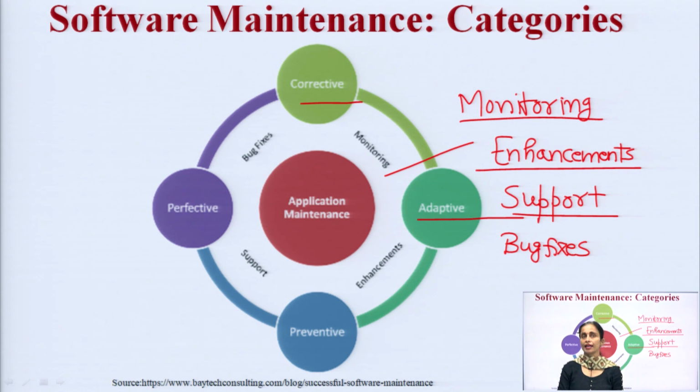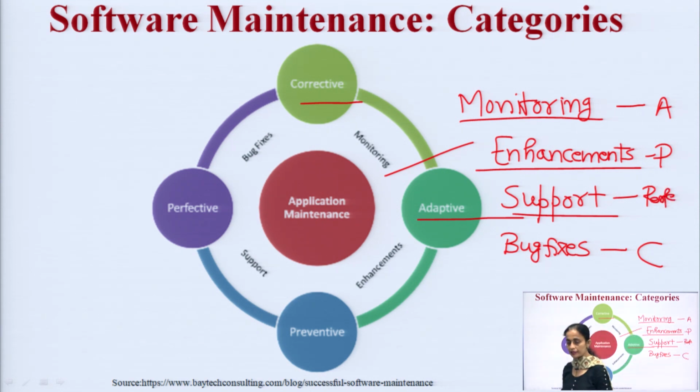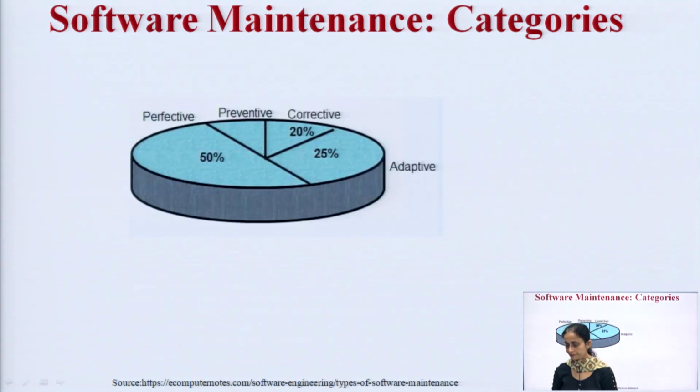Then I am taking care of the enhancements, that is my preventive, and then I am keeping the support from my server, that is my perfective. So, I started with the corrective, then I move on to the adaptive, then this is my preventive and this is my perfective maintenance. So, these are the categories of maintenance.